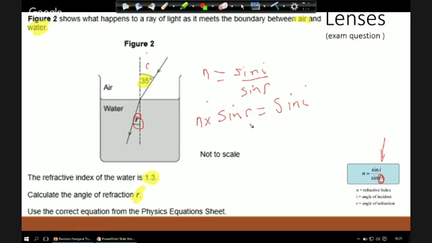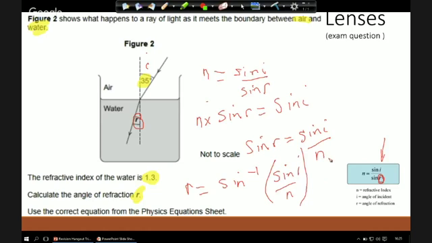Now I want to get r on its own, so I've got to divide both sides by n. So sine r equals sine i over n. Now I need to get rid of this sine, so I have to take the inverse sine of both sides. So it's going to be r equals inverse sine of sine i over n.